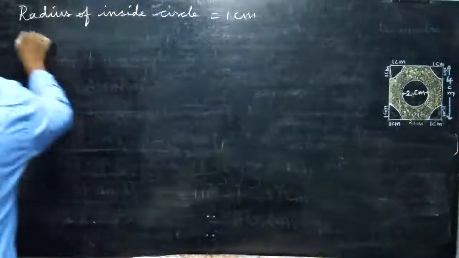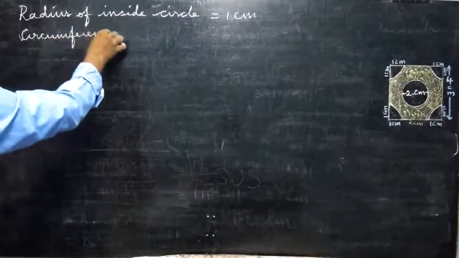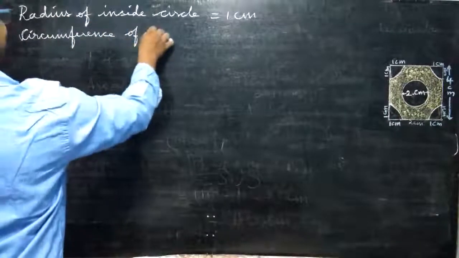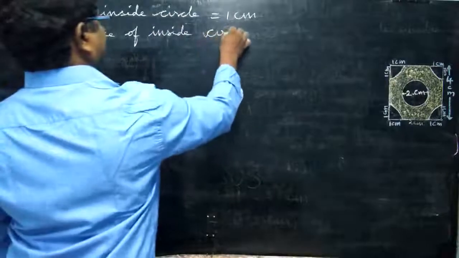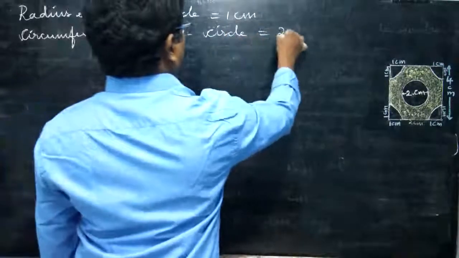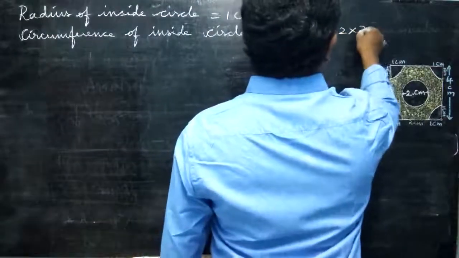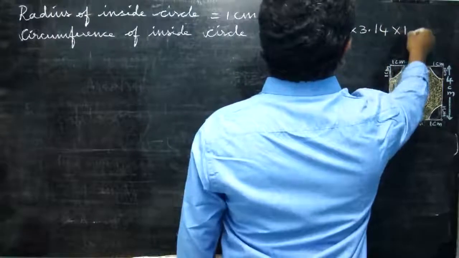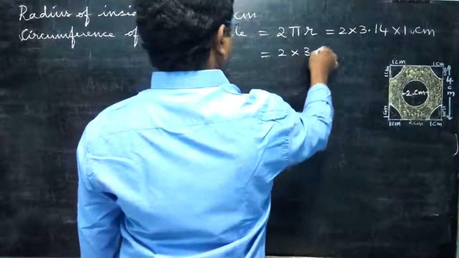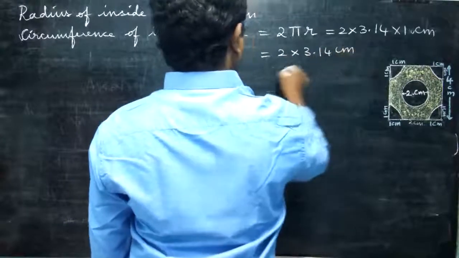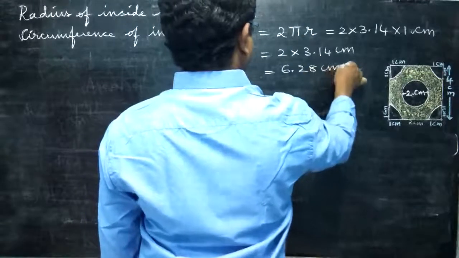Now circumference of the inside circle. The formula is 2 pi r, which is 2 into 3.14 into 1 centimeter. 2 ones are 2 only, into 3.14 centimeters, that is 6.28 centimeters.